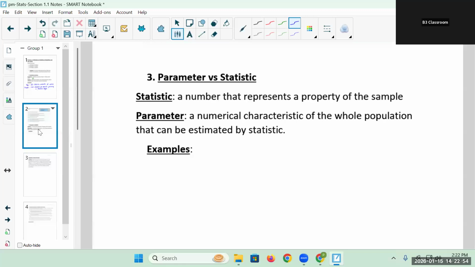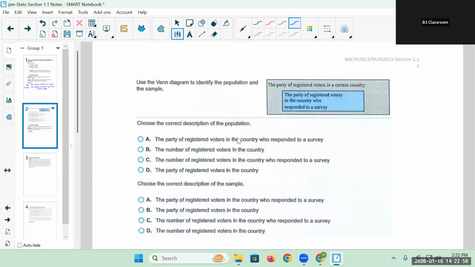Now, another way of showing a population and sample is what we call a Venn diagram. It doesn't have to be a rectangle. It could be a circle inside a circle. But usually, I'm going to make that a little bit bigger.